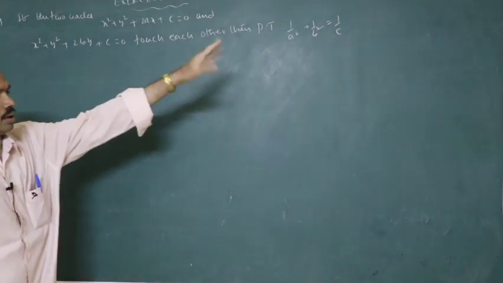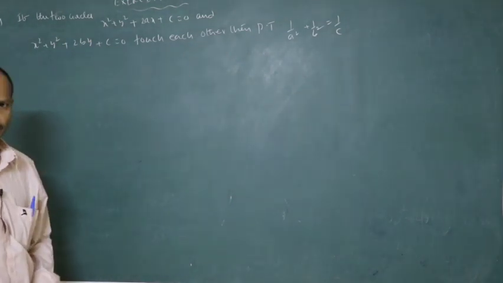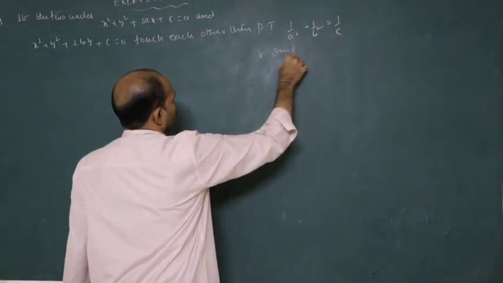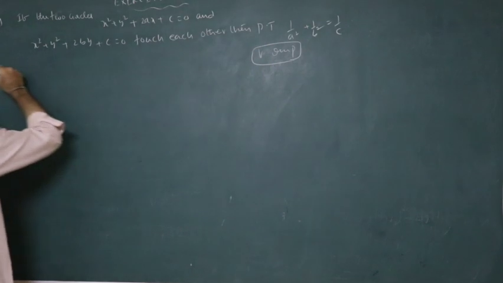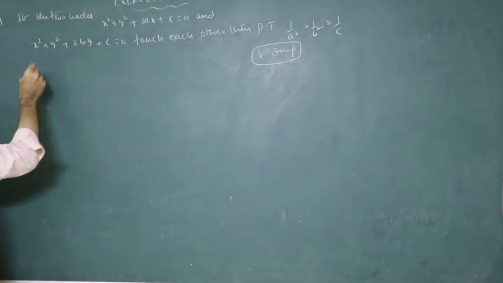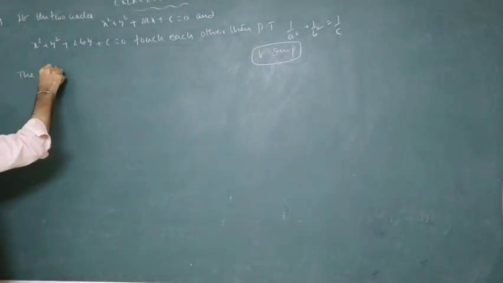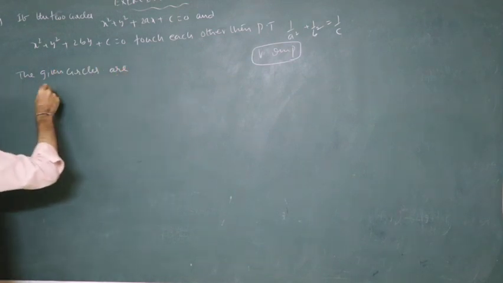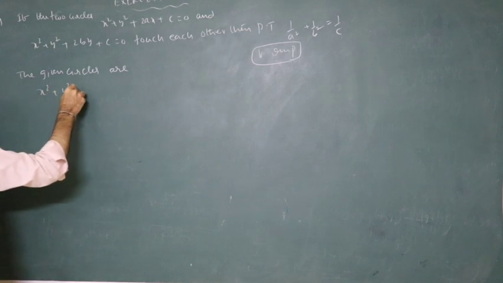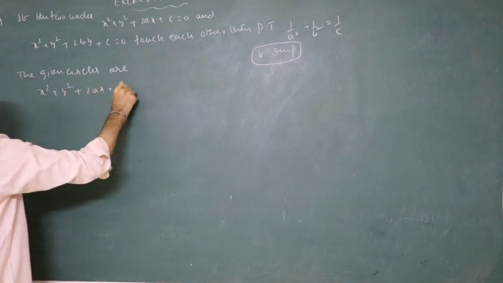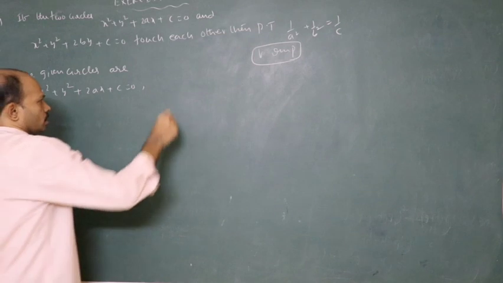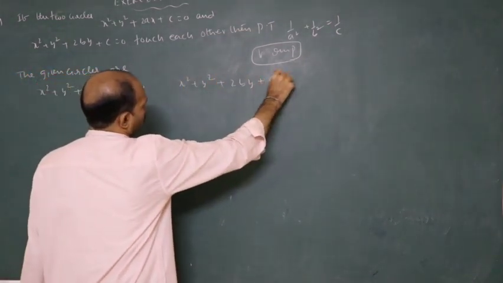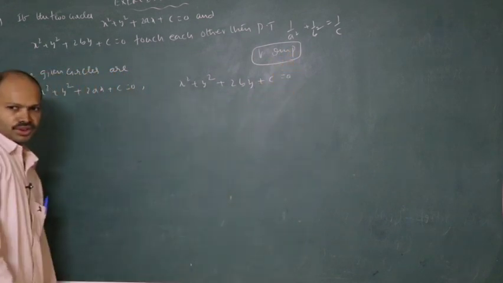The circles are different but the method of solution is the same. Let us do this one also. It's also a very important question. Come to the solution part. The given circles are x square plus y square plus 2ax plus c is equal to 0 and another one, x square plus y square plus 2by plus c is equal to 0.